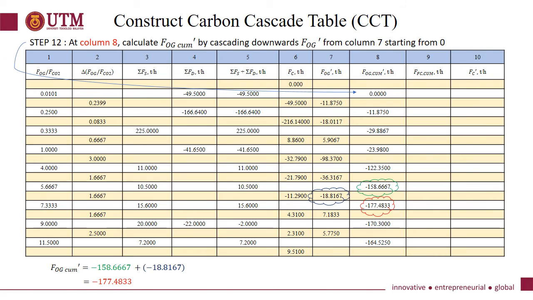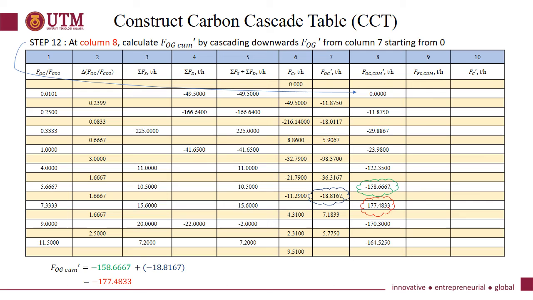For the next step, we will start calculating cumulative FOG at column 8 by cascading downward the FOG from column 7, starting from 0. Let's take one of the calculation steps of column 8 as an example.